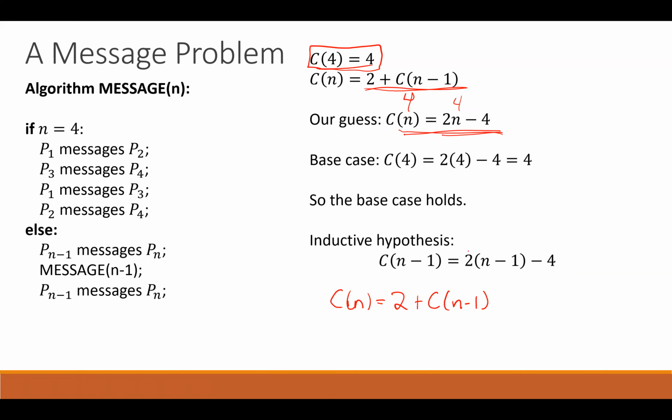My C of n minus 1, I'm going to substitute this in. 2 plus 2(n minus 1) minus 4. That's equal to 2 plus 2n minus 2 minus 4. These cancel out, and that's equal to 2n minus 4.